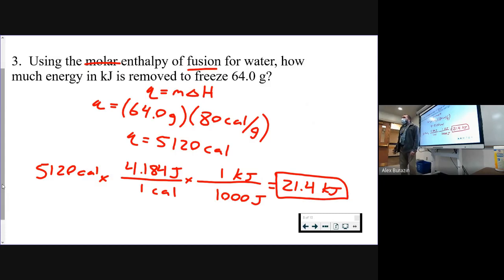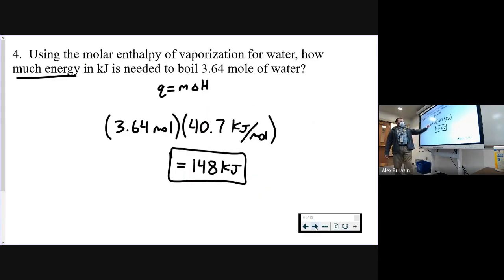All that matters is that your grams and your moles match up, right? I don't want to use grams if my value of enthalpy is per mole, because then nothing's canceling out and I'm getting something weird that doesn't make any sense. I don't want to use moles if my value of enthalpy is per gram, because then it doesn't cancel out and it doesn't make any sense.